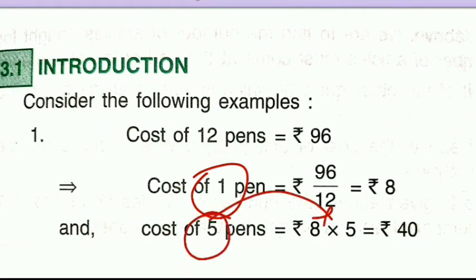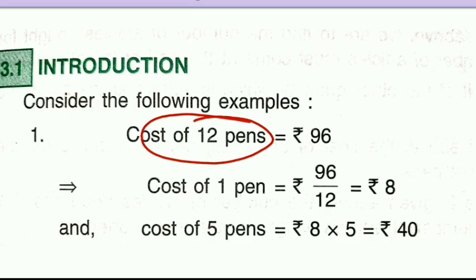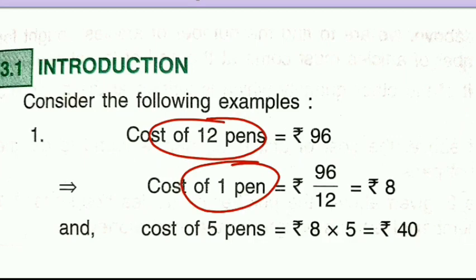We will multiply. So here two things we'll have to keep in our mind. If the value of many is given and we have to find the value of 1, then we will divide.